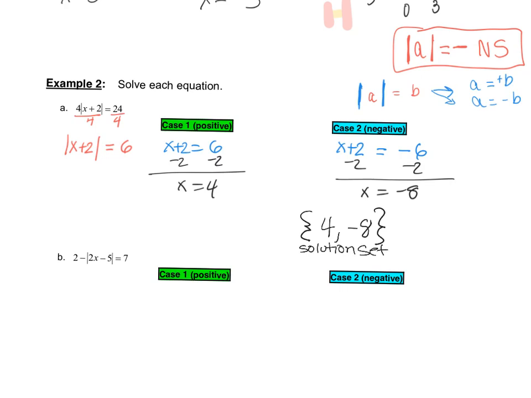And so that's how you would write your answers. This is the solution set. The reason we use braces instead of parentheses is because parentheses, if you remember, would tell you a point, x comma y. And so we do not use parentheses, we use braces. The braces tell you that there's 2 answers and that those answers are 4 and -8.